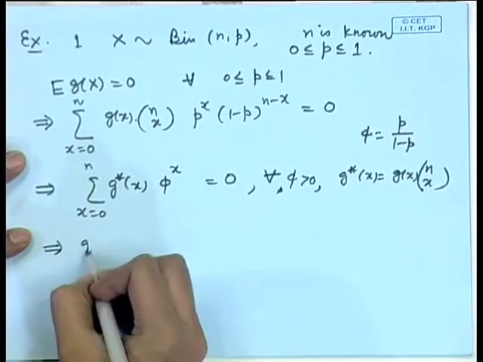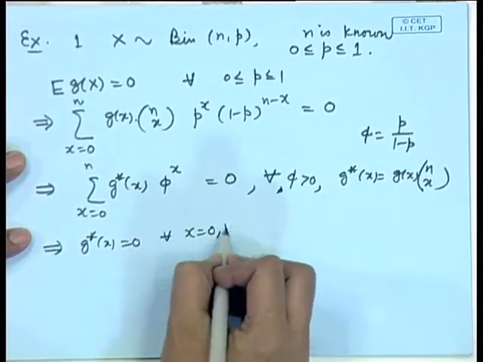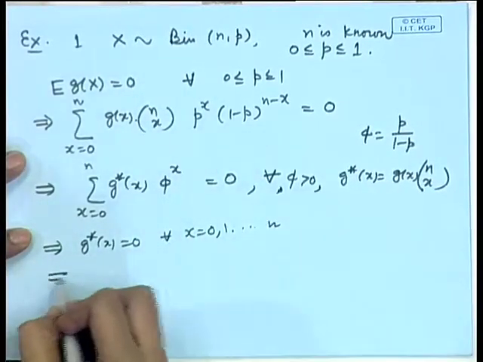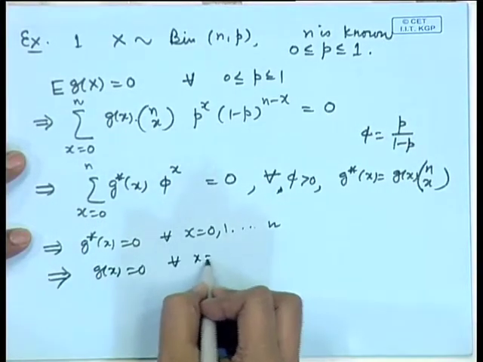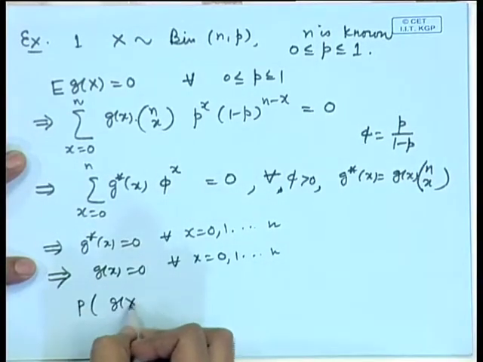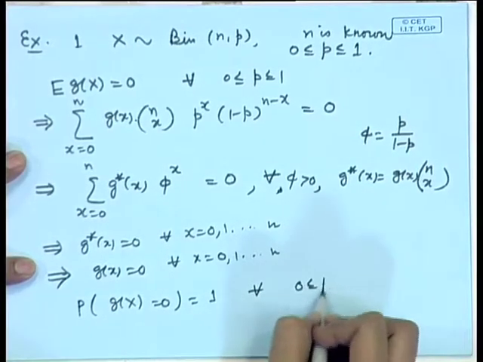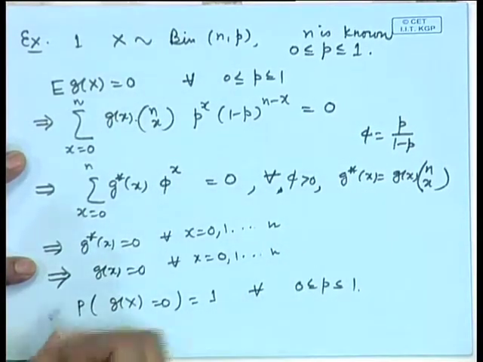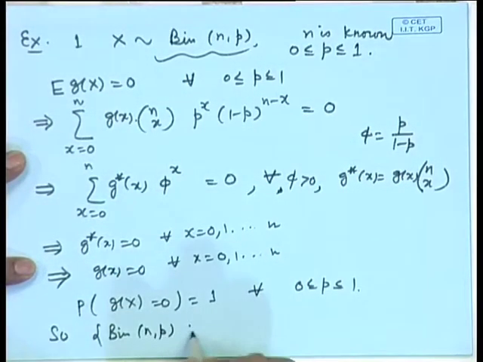That means, g star(x) is 0 for all x equal to 0, 1 to n, which implies that g(x) itself is 0 for all x equal to 0, 1 to n. So, probability that g(X) is equal to 0 will be 1 for all p. So, this family of binomial distributions is a complete family of distributions.